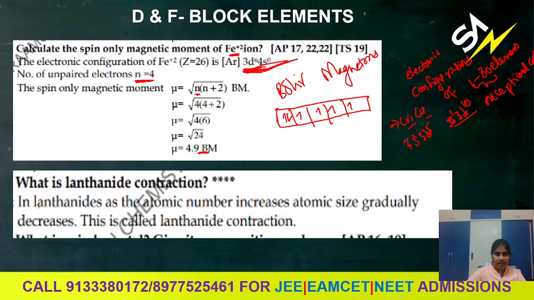So in lanthanides, as the atomic number increases, what happens? Atomic size gradually decreases. This decrease in the size is mainly because of the lanthanide contraction. When it is given in a short answer question, this definition is enough.